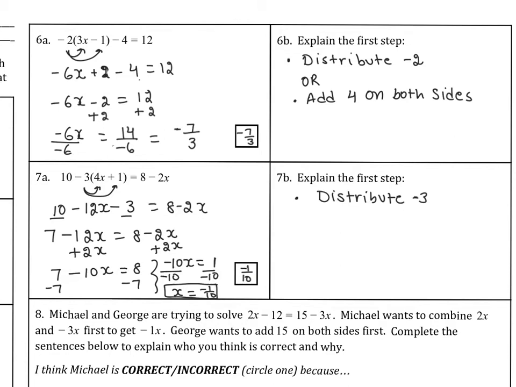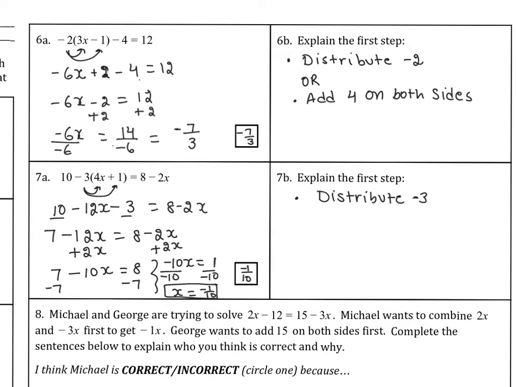For number 7a, you're going to distribute the negative 3 inside. So negative 3 times 4 would be negative 12. Negative 3 times 1 would be negative 3. Combine the like terms. So 10 minus 3 is 7. 7 minus 12x equals 8 minus 2x. Add 2x on both sides so that you can bring the variable on one side and the numbers on the other side.